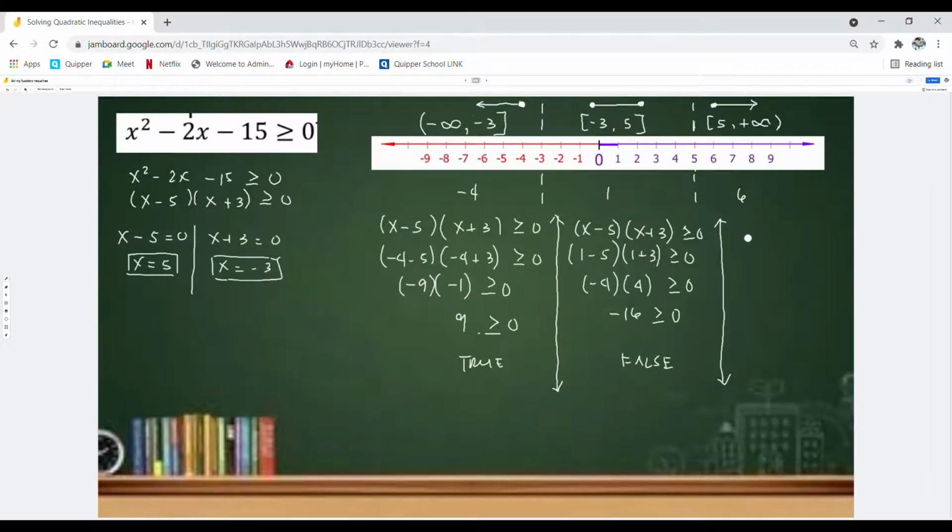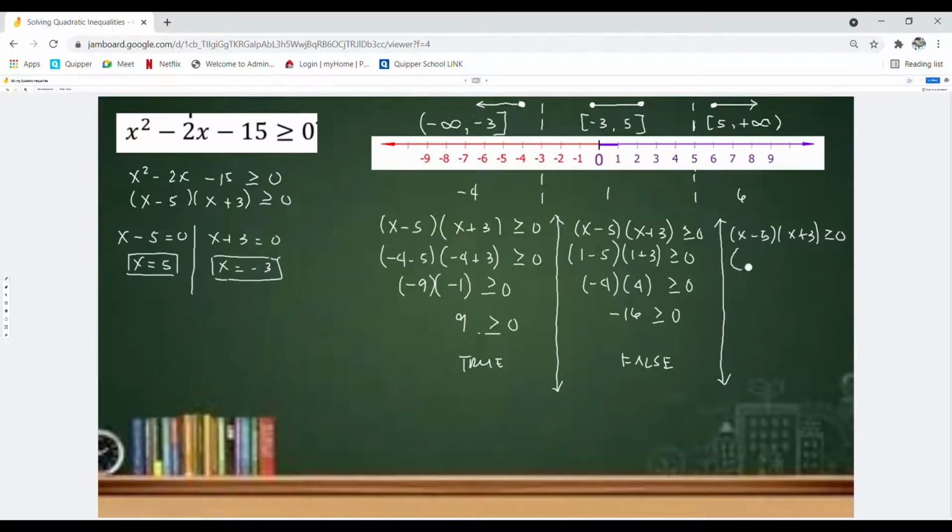And then let's try testing 6. So x minus 5 times the quantity x plus 3 greater than or equal to 0.